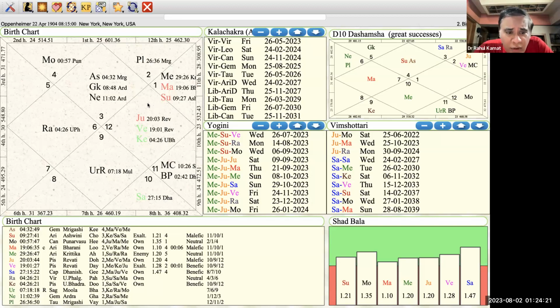So that's a very important point, right? So, as far as Mercury is concerned, this is the analysis of Mercury in his chart. Now let's go to other planets.